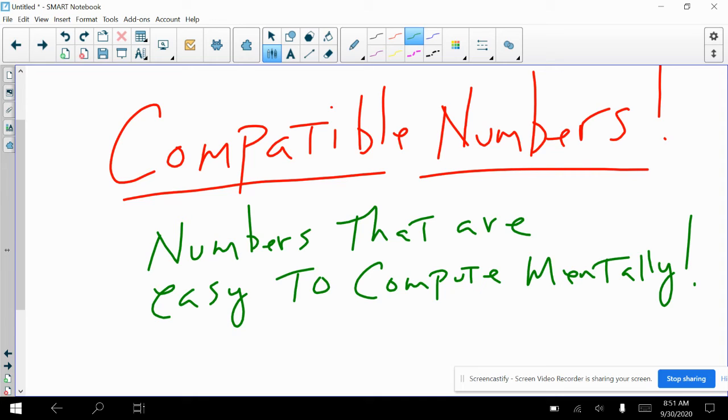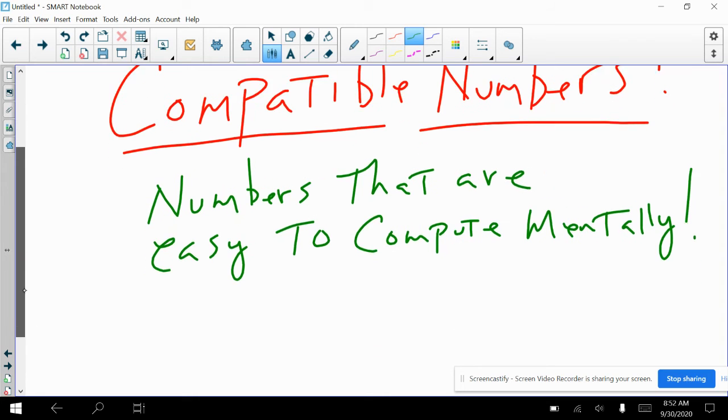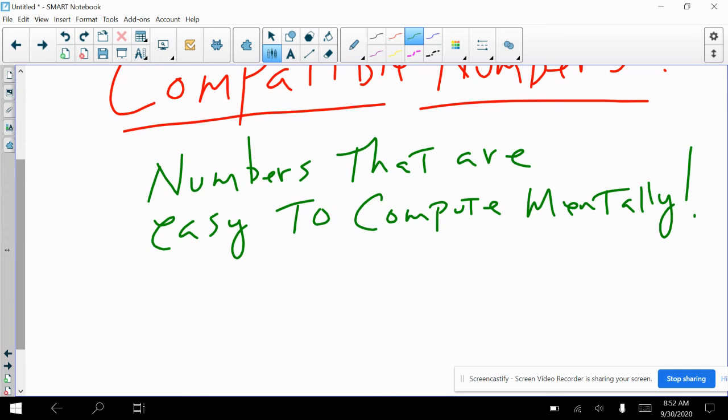Numbers that are easy to compute mentally, i.e., make the numbers easy for you to be able to do the math. That's all that means. Okay? Now, listen carefully.